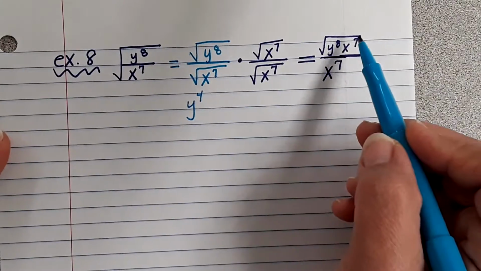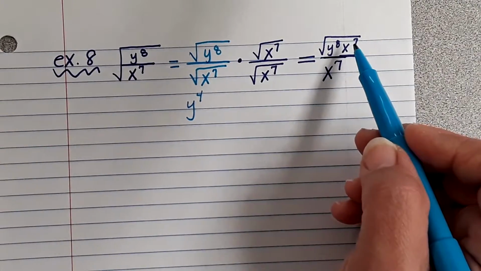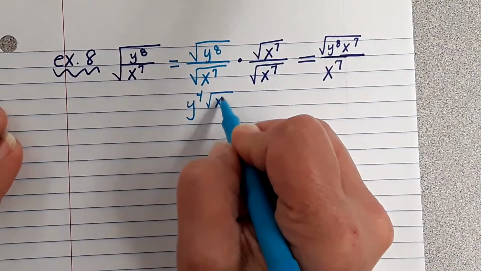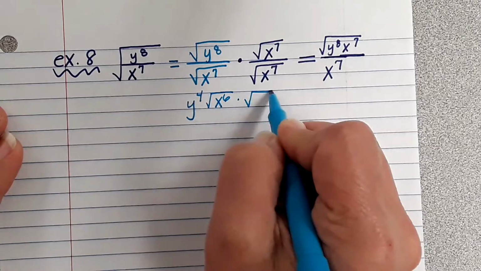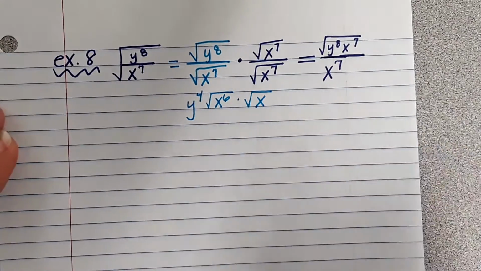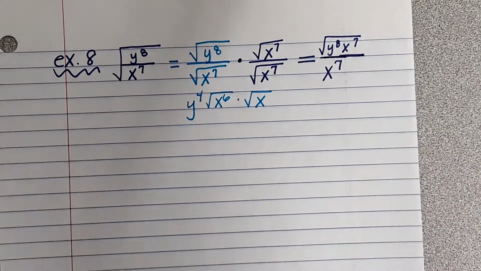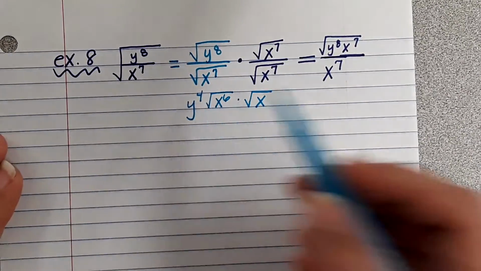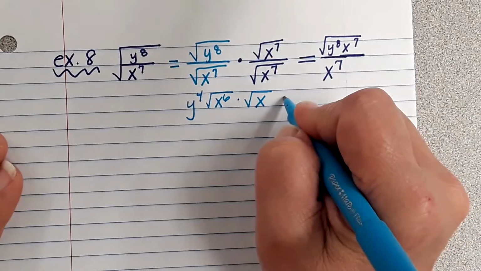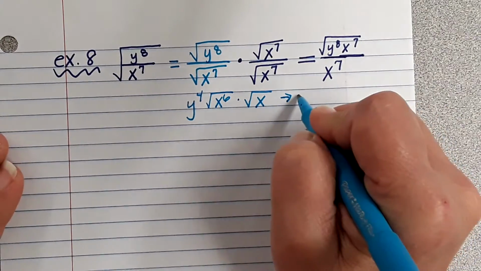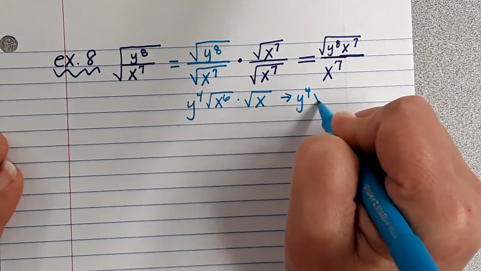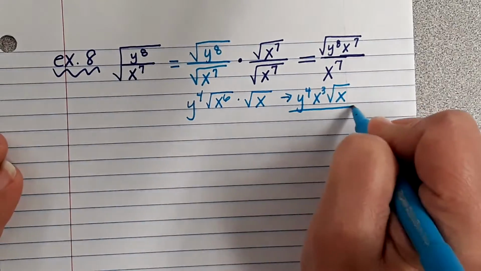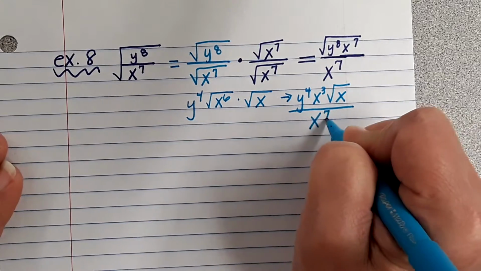Then we can actually break down the x to the 7th into x to the 6th times the square root of x. What is 6 divided by 2? So I have x to the 3rd, and then I have a square root of x, and it's all over x to the 7th.